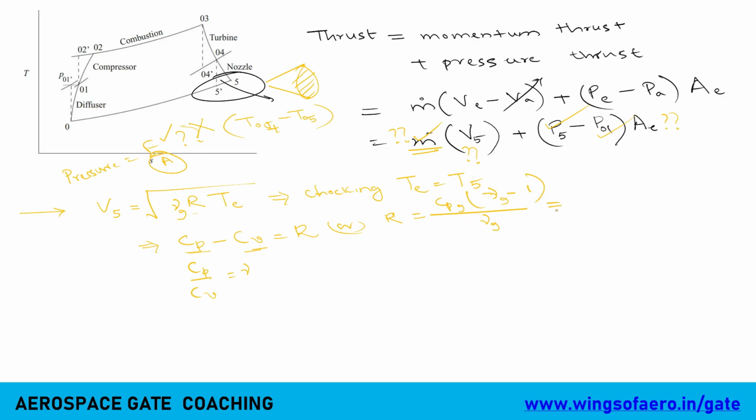CV equals R by gamma minus 1. But you don't have the CV value in the question, so what's the point of finding it?